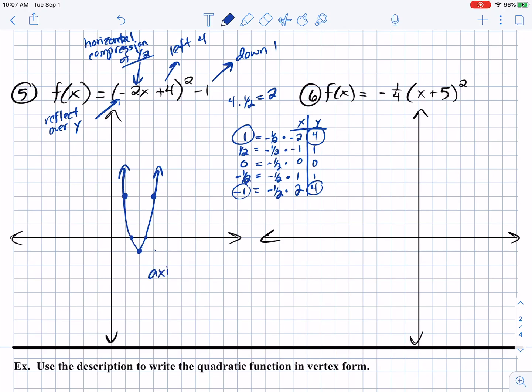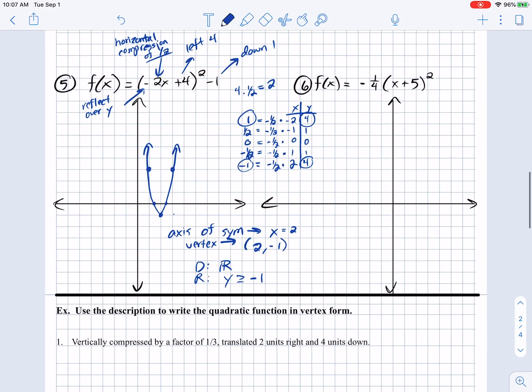Axis of symmetry would be at x equals 2. Vertex, (2, -1). And then our domain, all real numbers, range everything greater than or equal to -1.